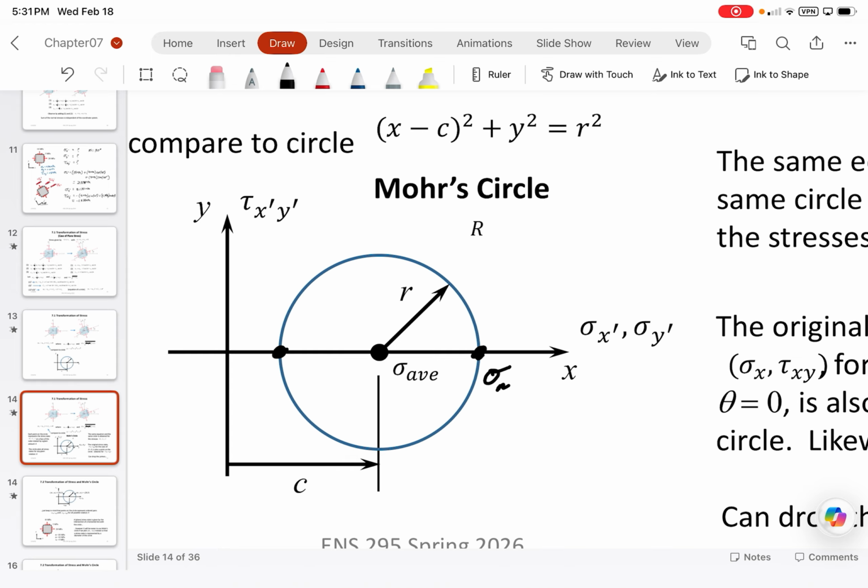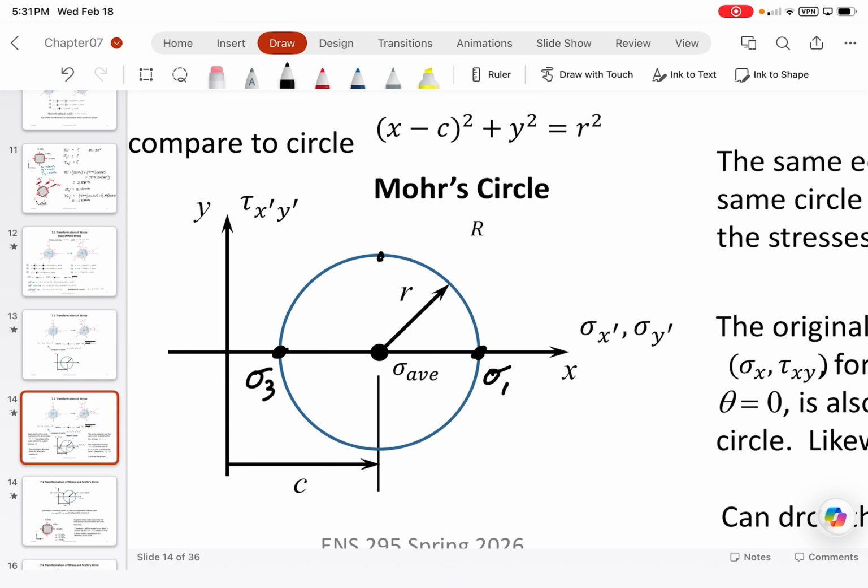So this might be sigma max. We call this sigma 1 and sigma 3. We call these principal stresses because they are the maximum normal stresses that the system will undergo.